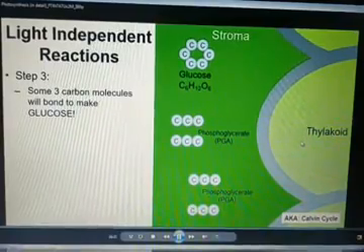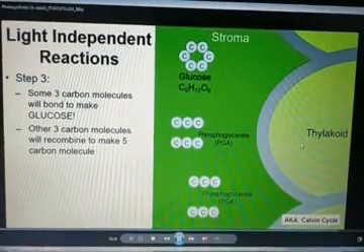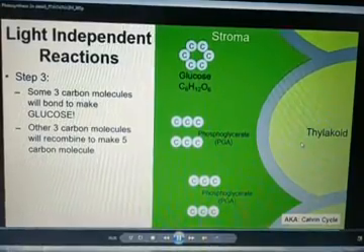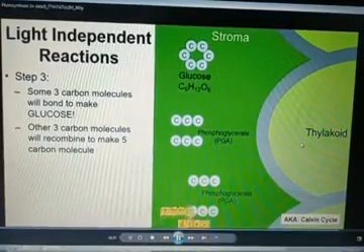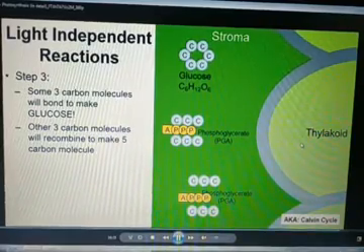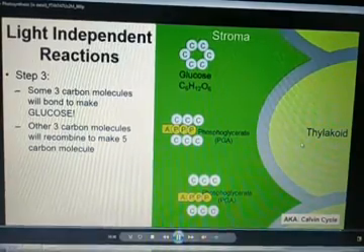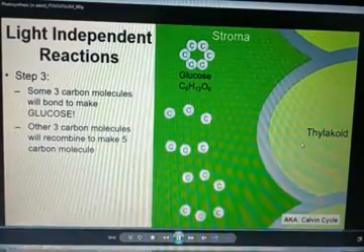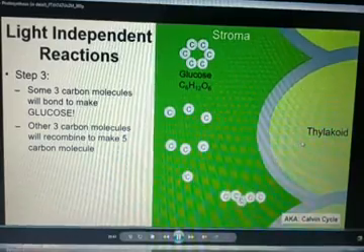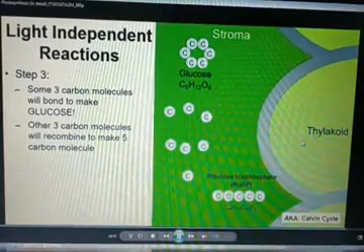Now, all the phosphoglycerates will not do it. Some of the phosphoglycerates will help the cycle keep going, and some of the phosphoglycerates will be broken down. Other 3-carbon molecules will recombine to make a 5-carbon molecule again, which is called ribulose bisphosphate or RuBP.